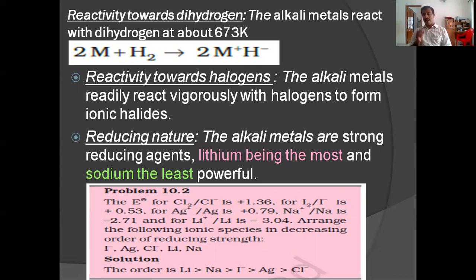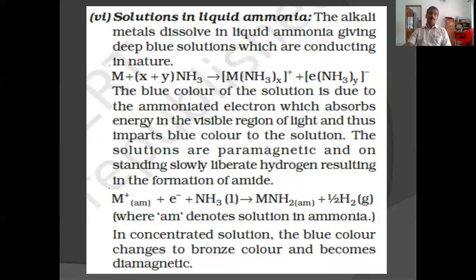Reducing strength increases with the increase in the negative value of electrode potential. Which has the largest negative value? Lithium. So first lithium, then sodium, then iodine, silver, and chlorine. That is the order given here.